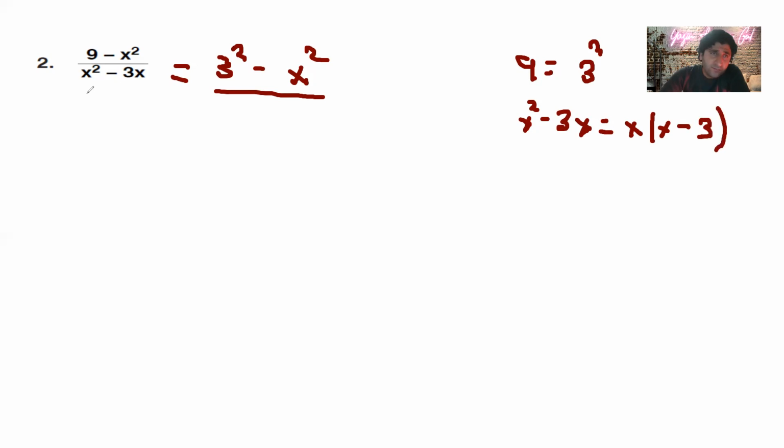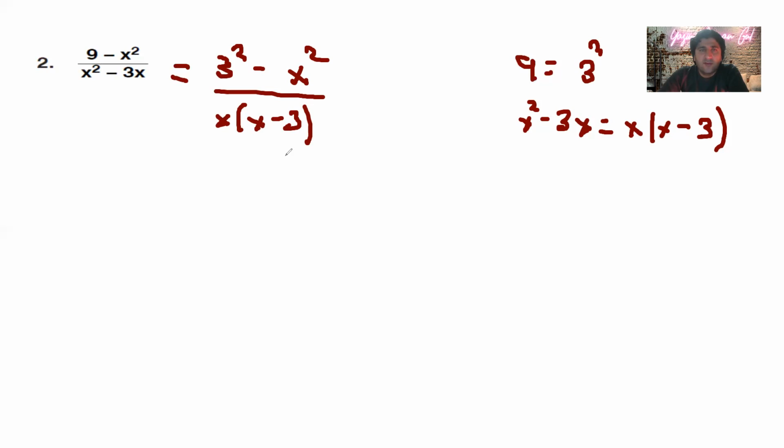So this equals x times (x minus 3). You can do an inverse operation: x times x will be x squared, x times minus 3 will be minus 3x. Right, then I'll continue with this.